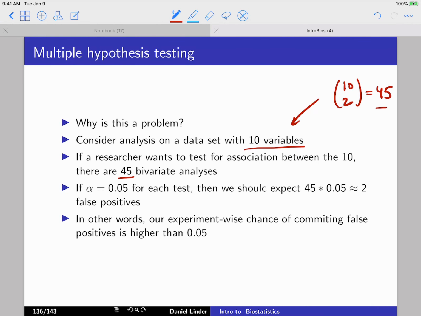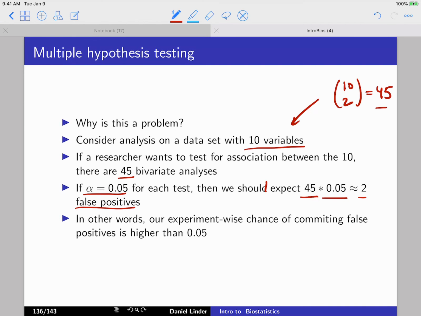So if you set your alpha to be 0.05 for each of these tests, and you're doing 45 of these tests, and each test has a 0.05 chance of committing a type 1 error, then you should expect approximately 2 false positives from your analyses. So on average, you would see 2 false positives.